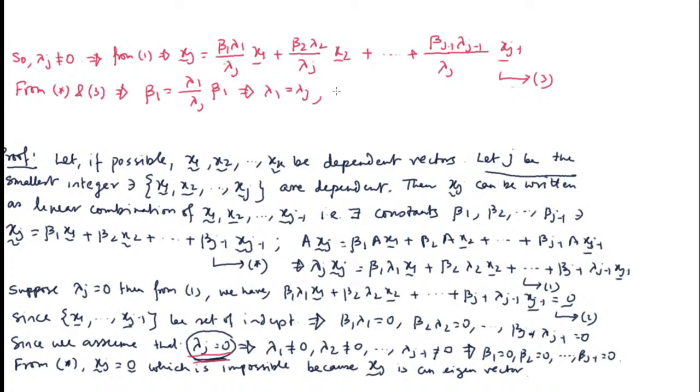Similarly, beta 2 equals beta 2 lambda 2 by lambda j, this means lambda 2 equals lambda j. And so on. Hence, lambda 1, lambda 2, lambda j all are equal.